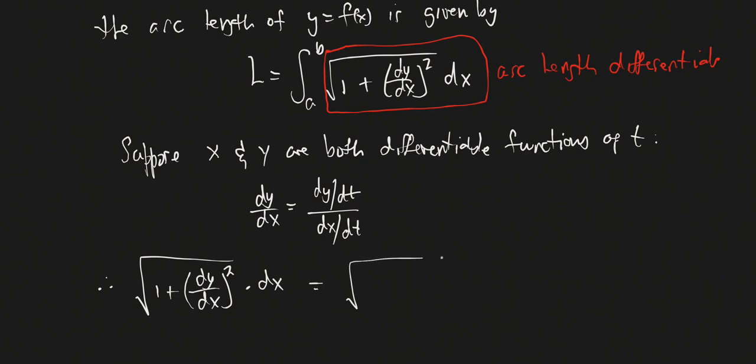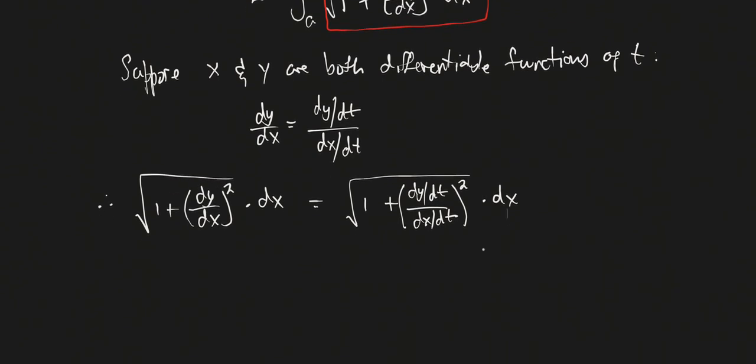Under the square root, I will have 1 plus dy dt over dx dt all squared, times dx. Now I have a fraction being squared, so I can square the top and the bottom: 1 plus dy dt squared over dx dt squared, and I still have my dx there.